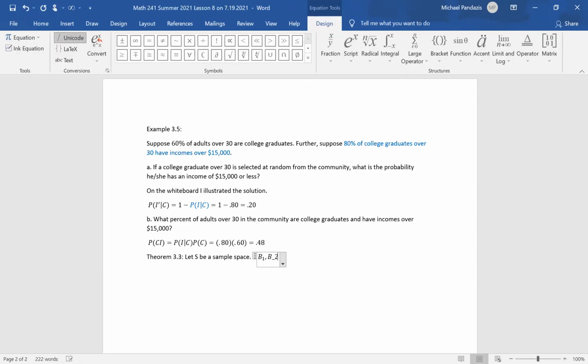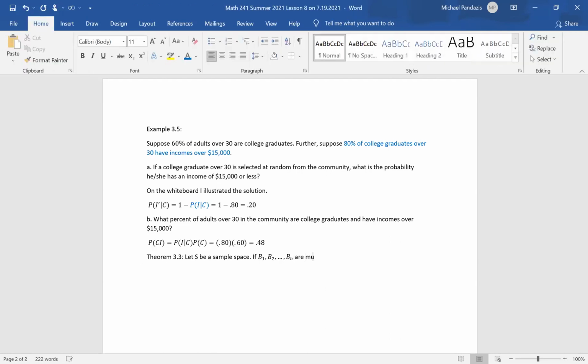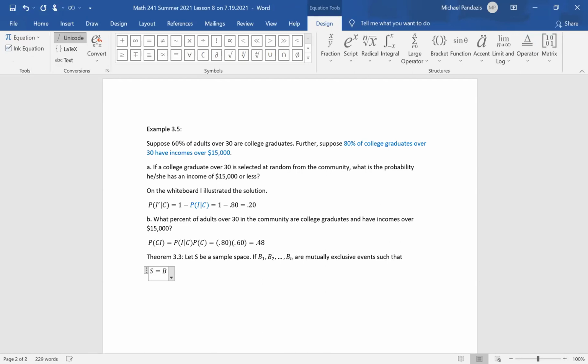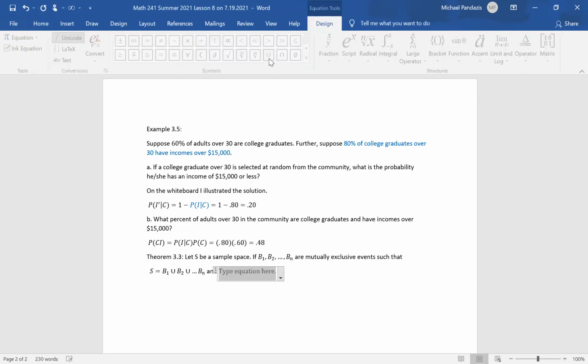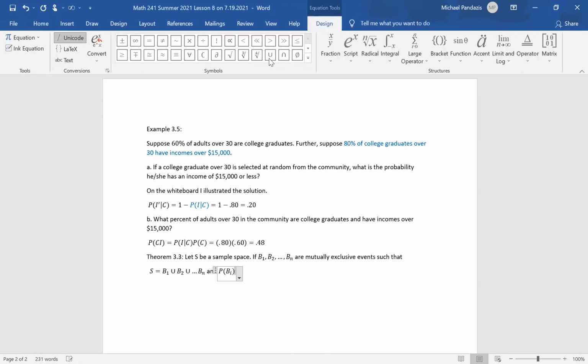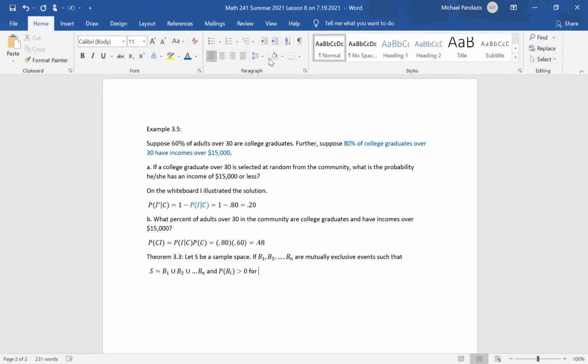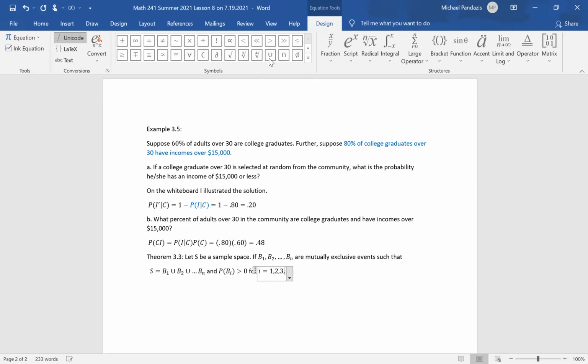If B1, B2, through Bn are mutually exclusive events such that S is equal to the union of these events, and the probability of B sub i is positive for all those i.